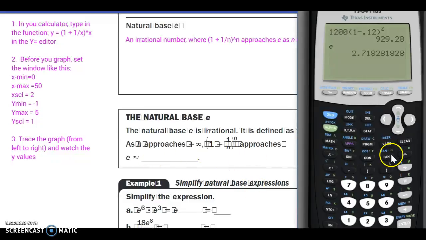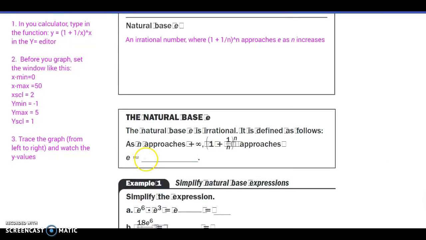So I'm going to actually write that in over here on my blank. E is approximately 2.718281828. Now it looks like it's going to repeat, like 18281828, but it doesn't.